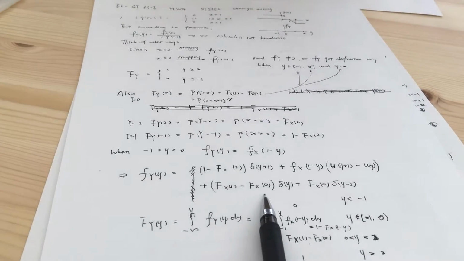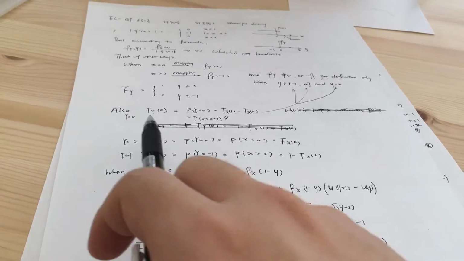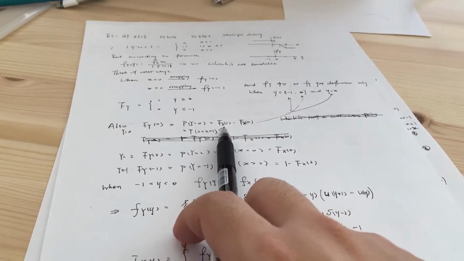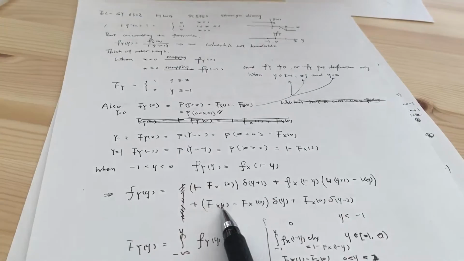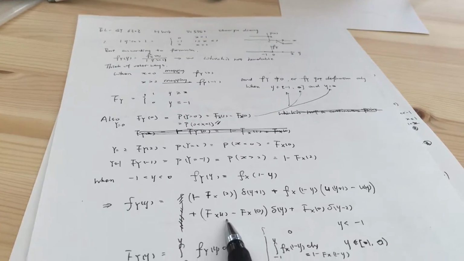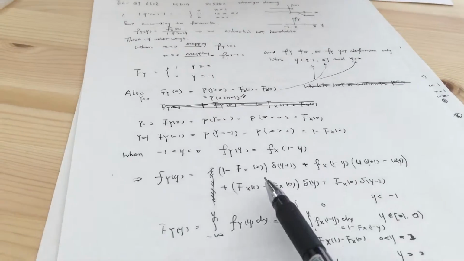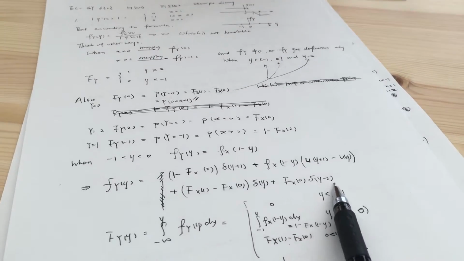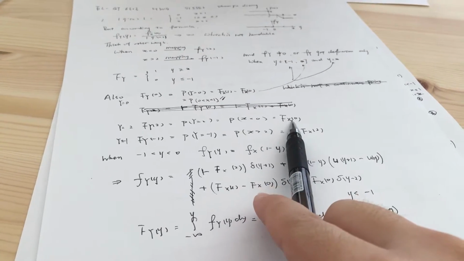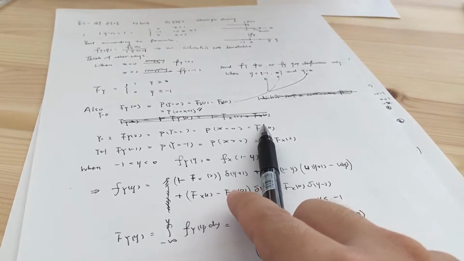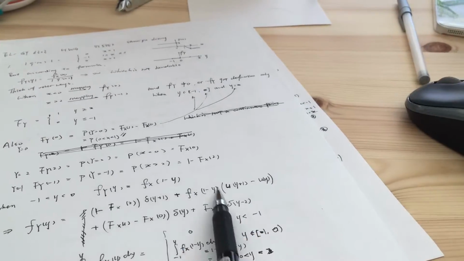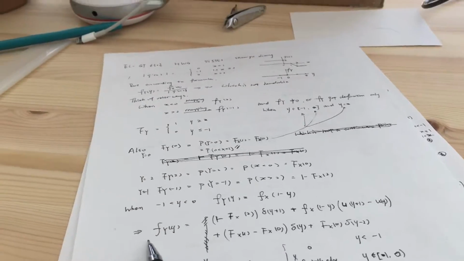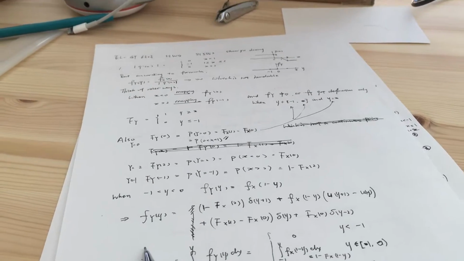For y equals 0, we have capital F_X(1) minus capital F_X(0), which gives us the impulse magnitude here, and when y equals 2, this gives the impulse magnitude here. It's very easy to find the lowercase f_Y.